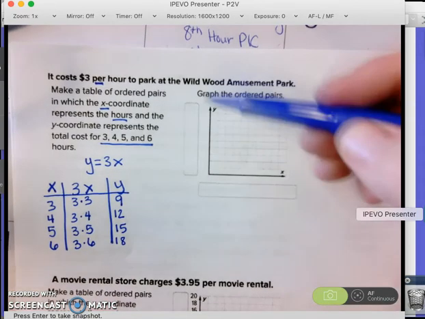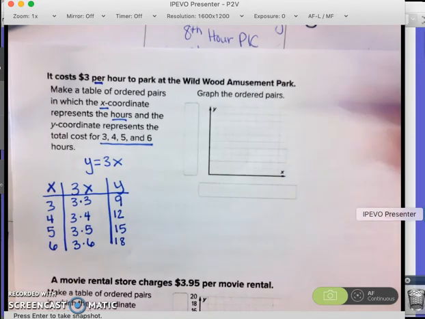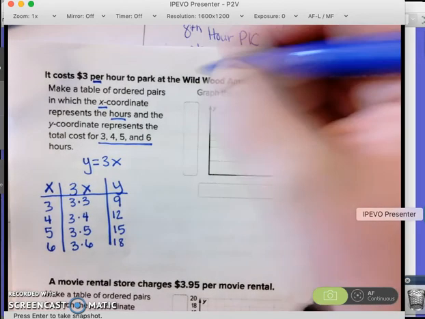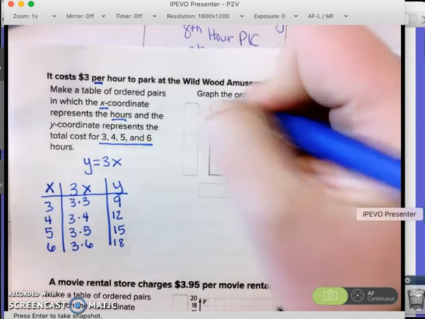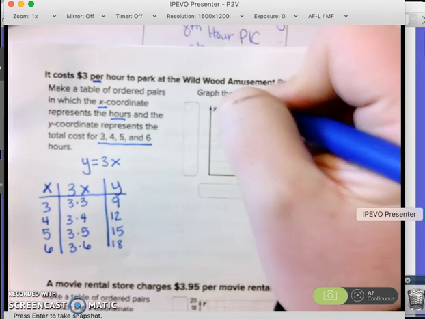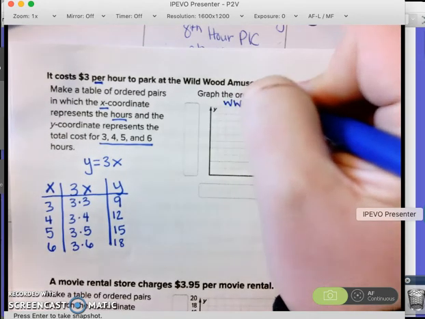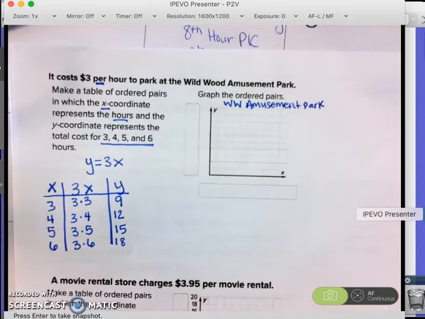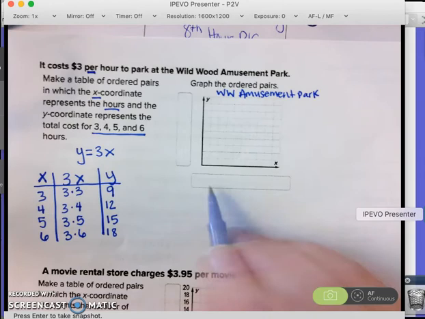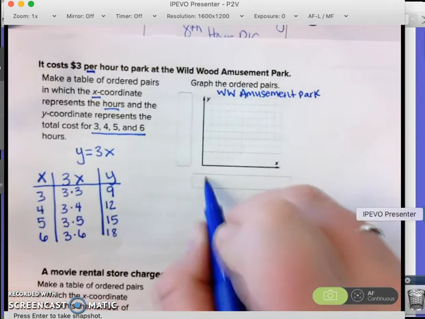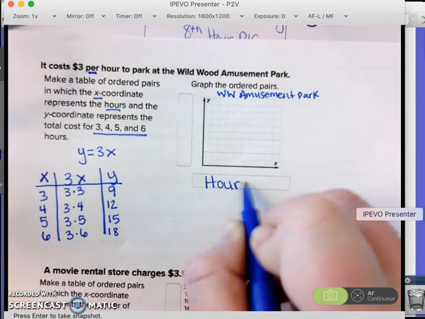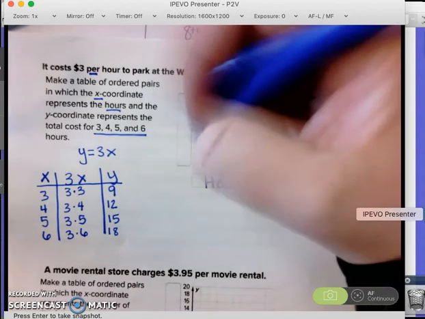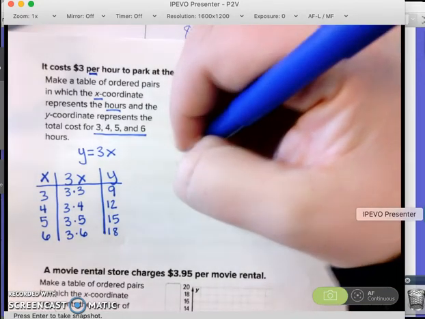Then I have to go over and label my parts here. So here we could label it as Wildwood Amusement Park. My x, it tells me that the x represents hours. My y represents the total cost.